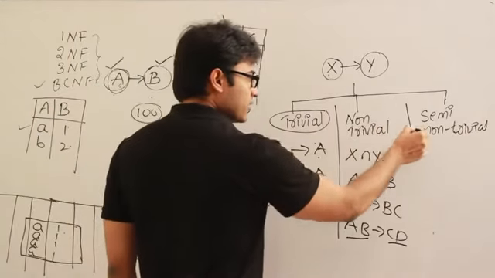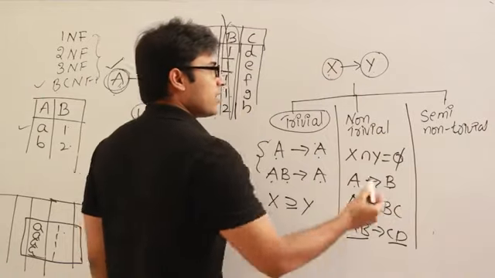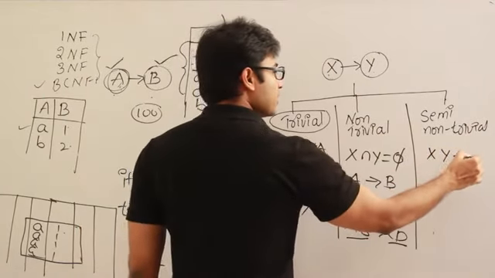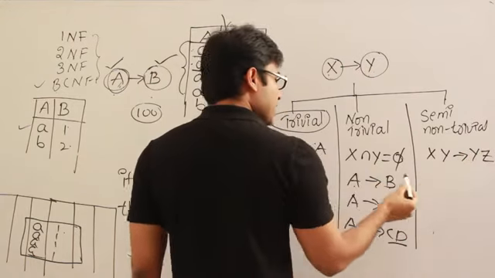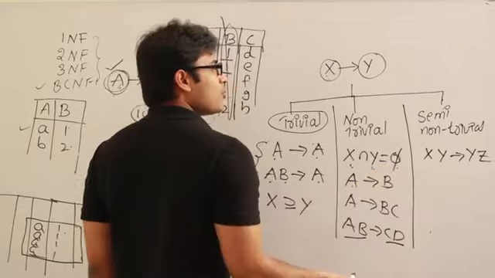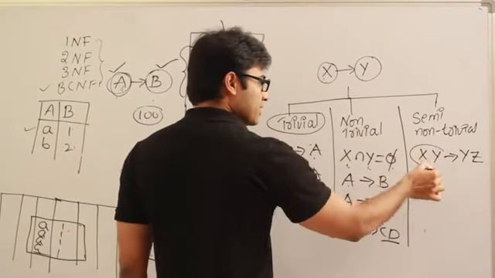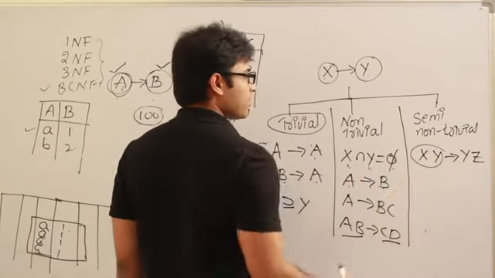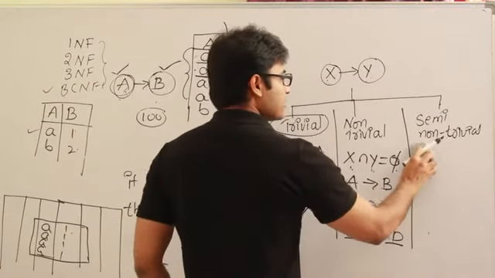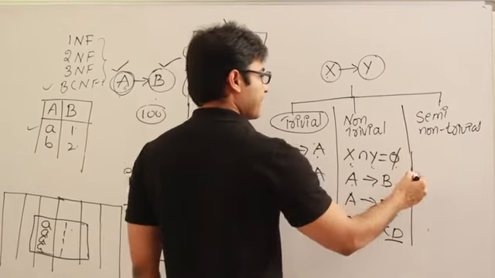And semi non-trivial dependencies are like this. Let us say xy derives yz, which means the intersection is not phi, and moreover the left side is not a superset of the right side. Let me use some other notation.